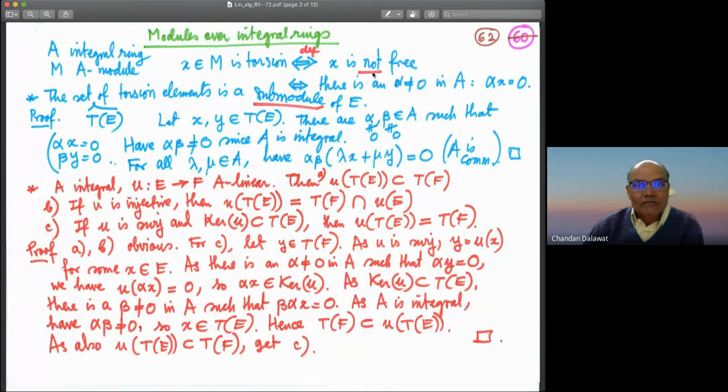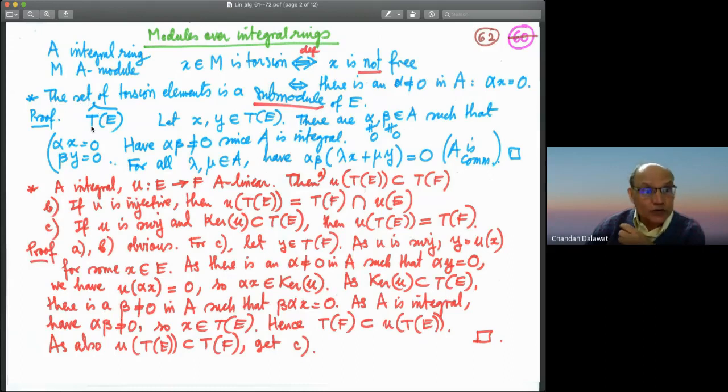So, if you go back to what it means for an element to be free, not free means that there's an alpha which is not zero, but alpha times x is zero. That's what it means for an element x to be torsion. There's an alpha different from zero in the ring such that alpha times x is equal to zero. For example, zero is always a torsion element.